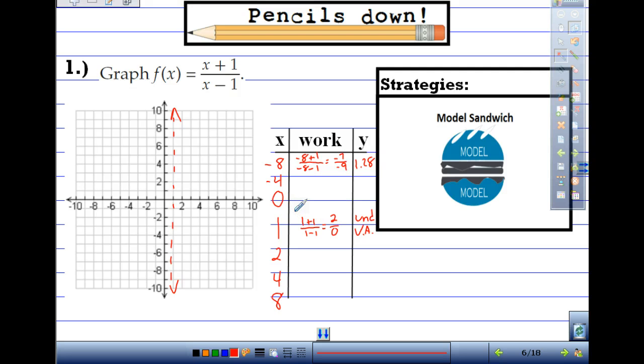By the way, if I told you to do this, there's some of you that could pick up your calculator and have this whole chart completed in 20 seconds. Buy that one calculator I've been telling you to get from the beginning of the year, and then you'll pretty much be done. If you have that calculator and you know how to use the table function, your homework's going to take about 15 minutes. If you don't, your homework might take about 45 minutes.